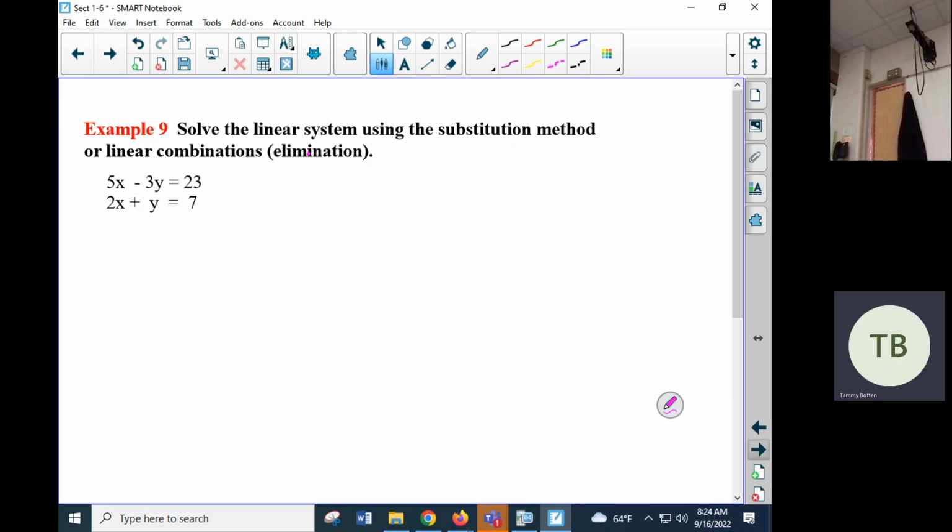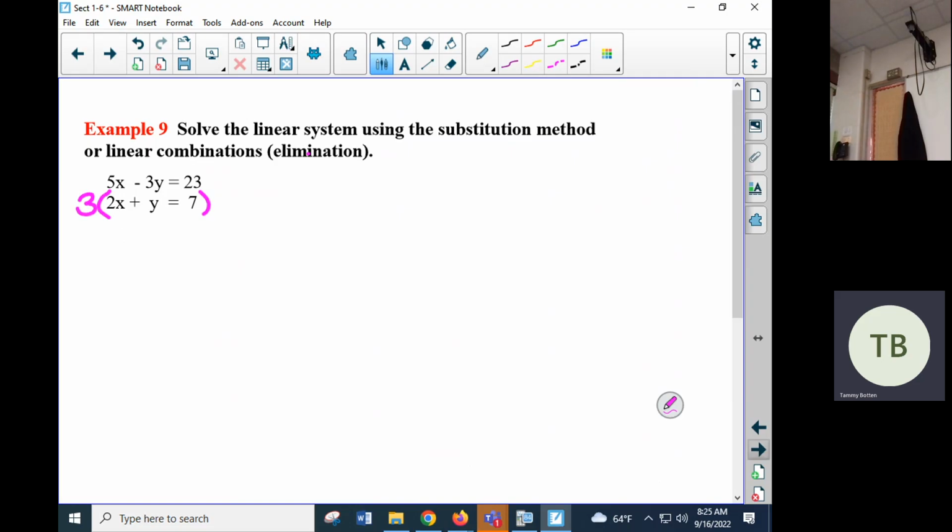And what you would basically think of there is, would it be easier to multiply one of these equations by some number so I could get rid of my y's or my x's? Okay. For your y's, if this is negative 3y, I would just need to get this one to be plus 3y. And how I would do that is I'd multiply this whole bottom equation by a positive 3.